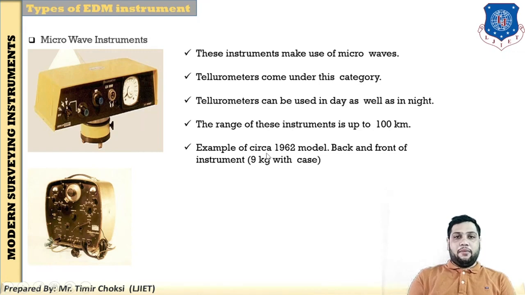So this is the microwave instrument, and the tellurimeter comes under this category. This is very important because its range is up to 100 kilometers, and it can be used at night as well as in the day.